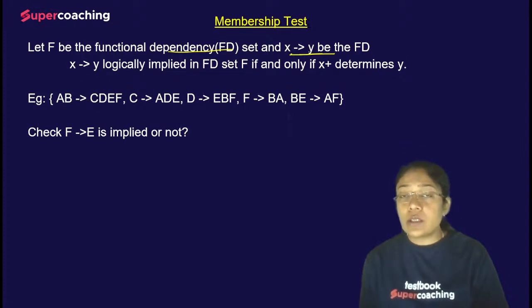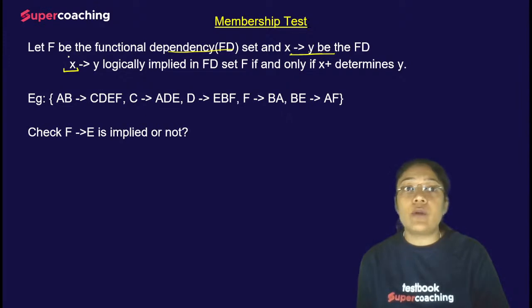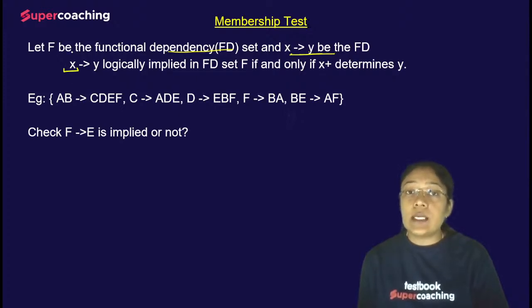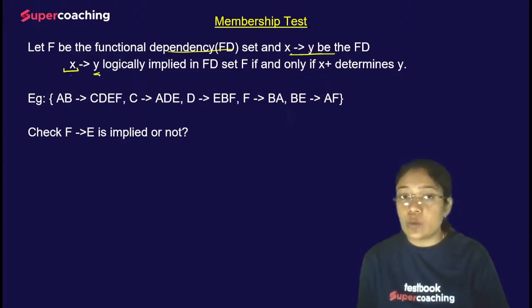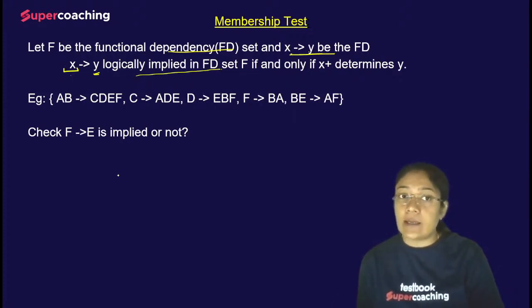So for this, what we'll be doing is, for the attribute present on the left hand side, we'll find out its closure on the basis of the given functional dependency set. And if by finding the closure you get Y, then we will say that the functional dependency X determines Y is logically implied in the functional dependency set.